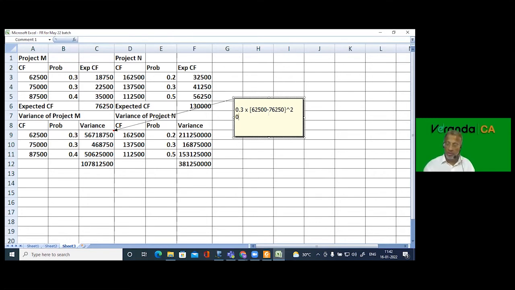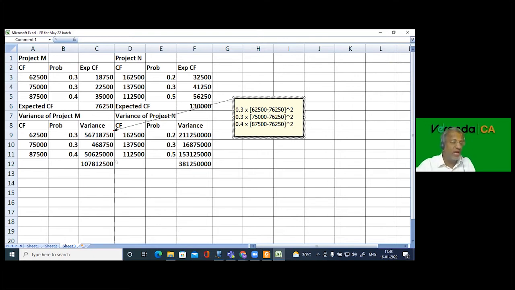Next, 0.3 into 75,000 minus 76,250 to the power 2. 0.4 into 87,500 minus 76,250 to the power 2.